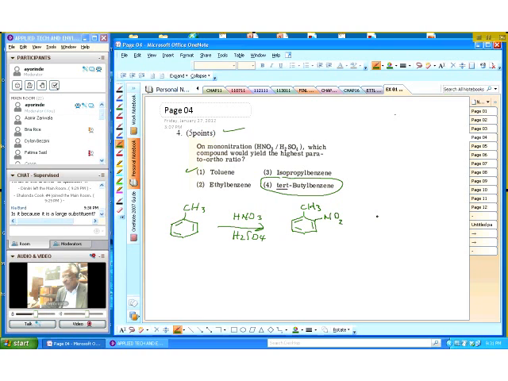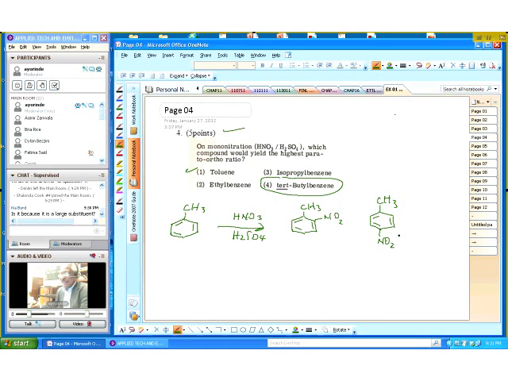One is ortho, and the other is para. So we have the para product.